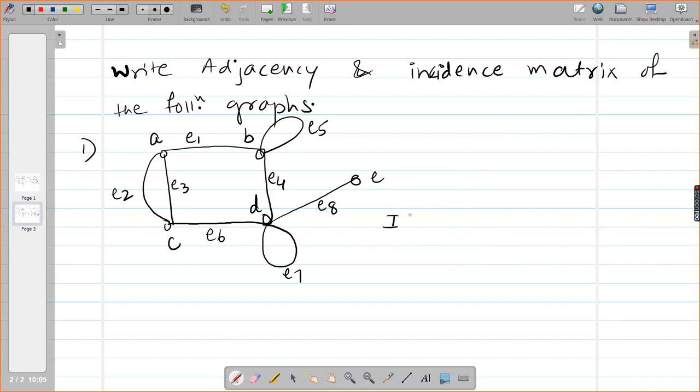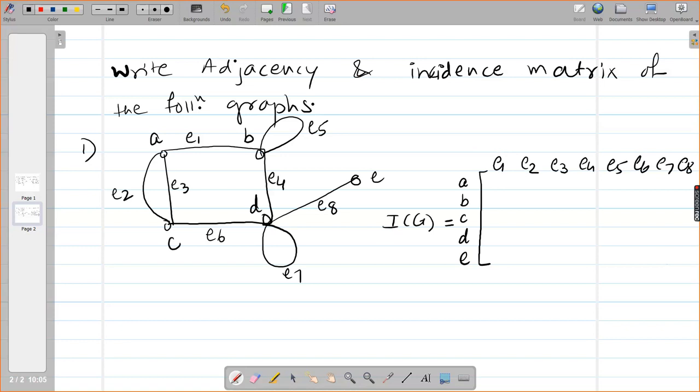The incidence matrix is denoted by M of G or I of G. Row wise you have to write the vertices A, B, C, D and E. Column wise you have to write the edges. There are 8 edges: E1, E2, E3, E4, E5, E6, E7, E8.